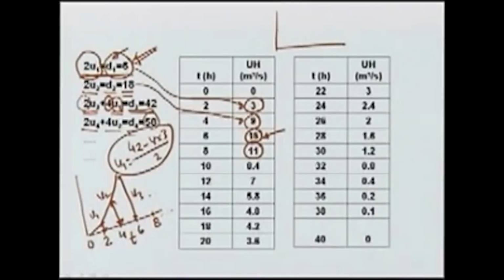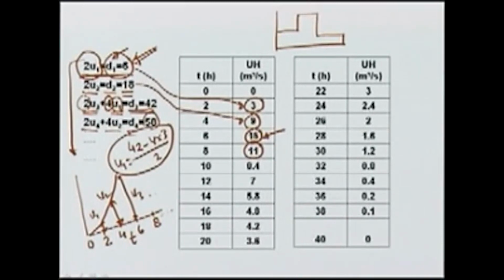So, in this way, from a complex storm, the condition is that all the storms should be of the same duration, 4 hour in this case. There can be multiple storms, not only 2, there can be 3, 4, any number of storms, provided they are all of the same duration. The only thing is that after a few hours, we will have sum of 3 different ordinates.